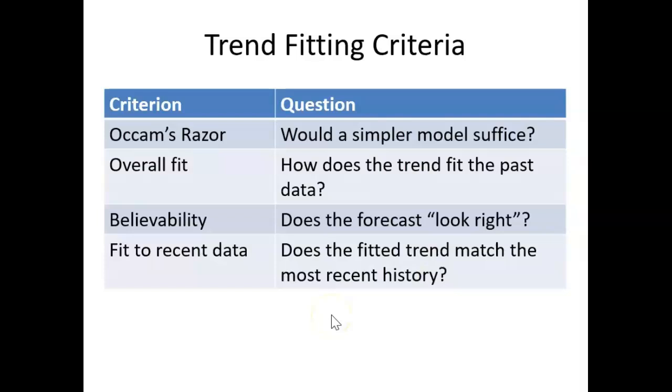In terms of which model is best statistically, we can appeal to Occam's razor again. If a simple model is about the same as a more complex model, then we prefer the simpler model. And we'll think about overall fit: how does the trend fit the past data? We'll use the R squared to determine overall fit.